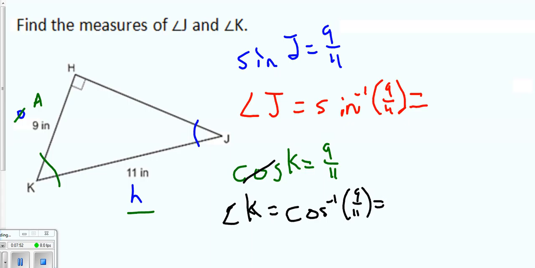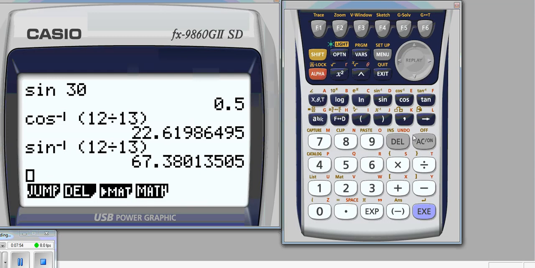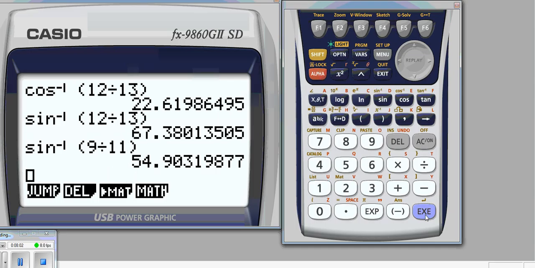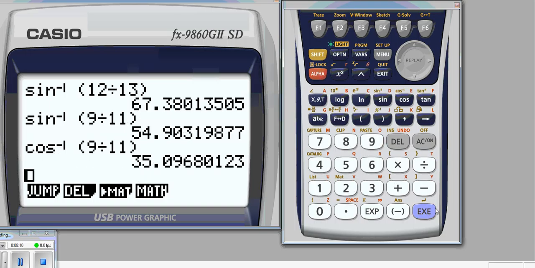So to find out exactly what these equal, I just do sine inverse of 9 over 11. I get 54.9. I do cosine inverse of 9 over 11. I get 35.1.